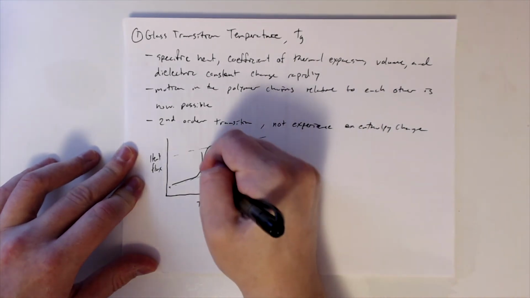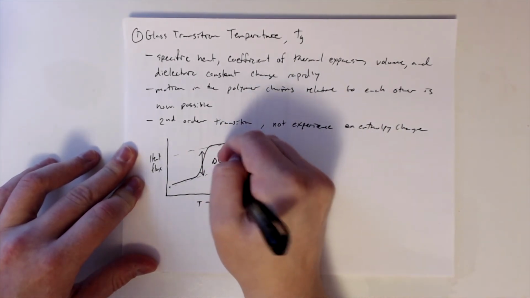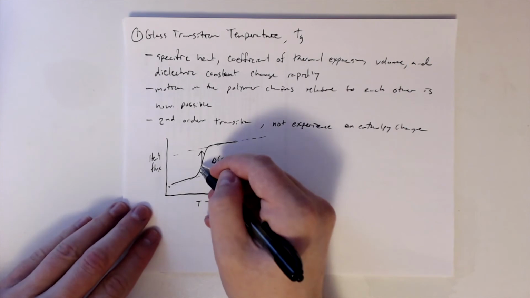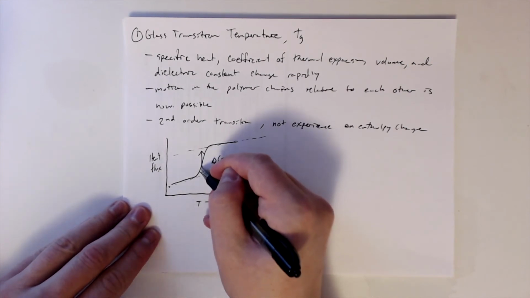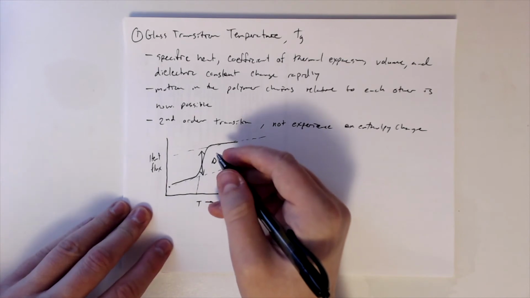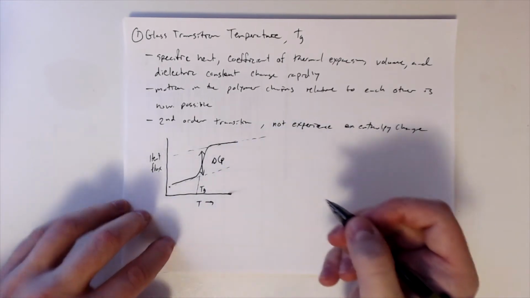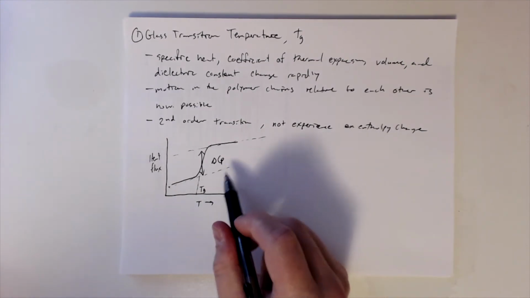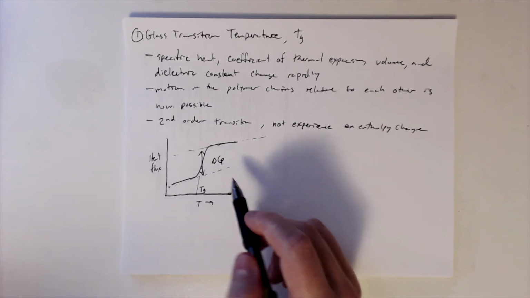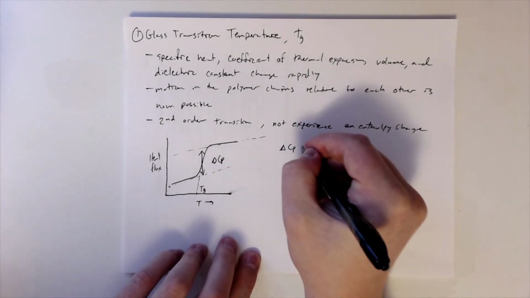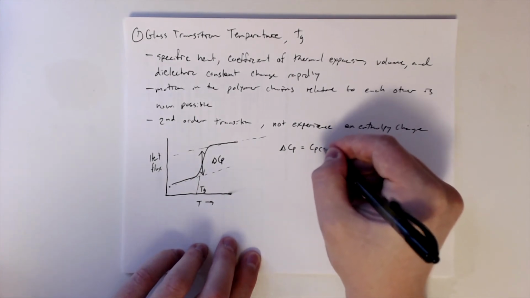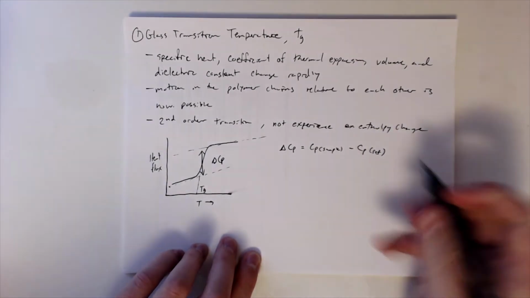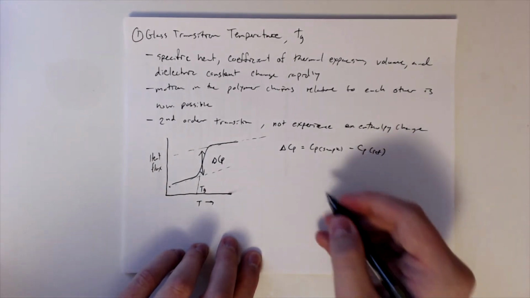And then the step change, that's the change in the heat capacity, so ΔCp. The position where this occurs is our Tg, and we can actually obtain this change in heat capacity by how large the step change is here. Again, the change in heat capacity is referred to as the heat capacity of the sample minus the heat capacity of the reference. Same definition we used previously.